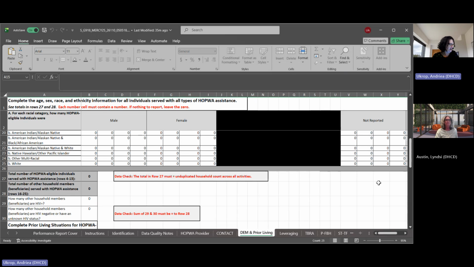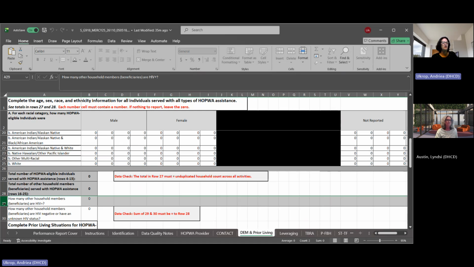Let's take a look at row 29 now. This is going to be the number of other household members, otherwise known as beneficiaries, who are HIV positive. Let's take a look now at row 30.